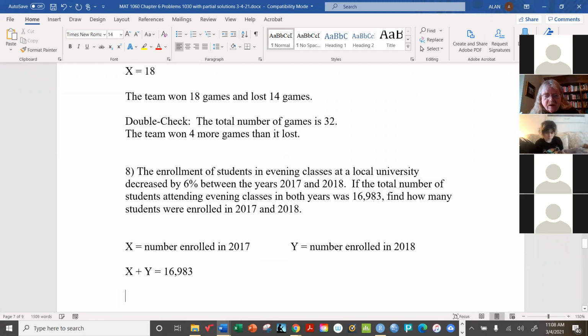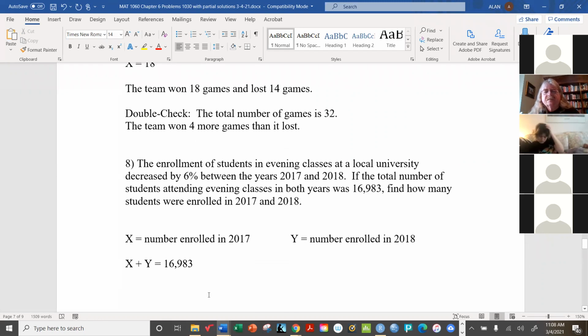So what that means is that we can write it in a couple of different ways. You can make the case, for example, that X minus 6% of X equals Y. But if you do it that way, you'll see that you can actually factor out that X, and you're just left with 0.94X equals Y. So this time you can actually multiply it by 0.94.